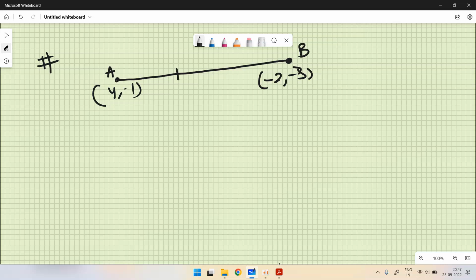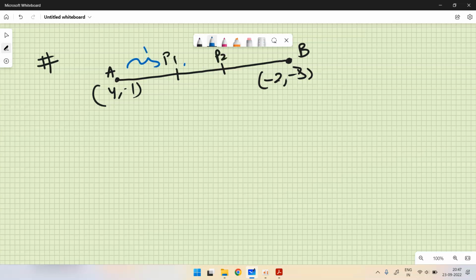Trisection, so 2 points will be forming, P1, P2. This is 1, 1, 1, equally trisecting. This is my X1, Y1.